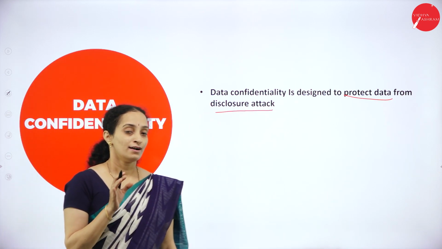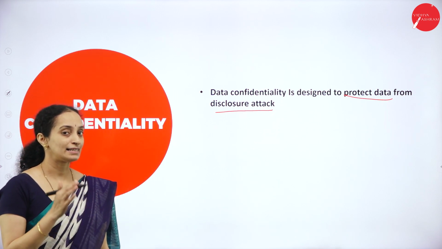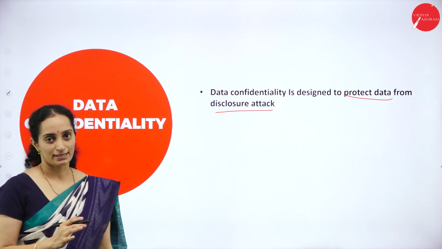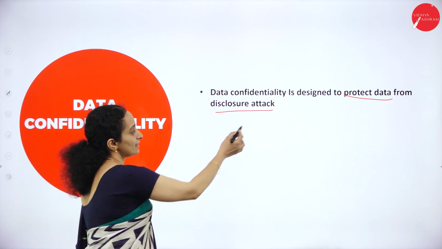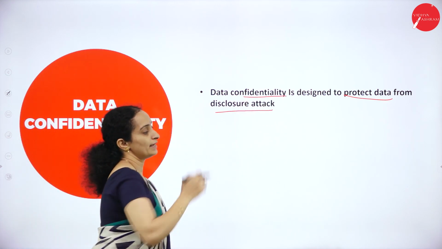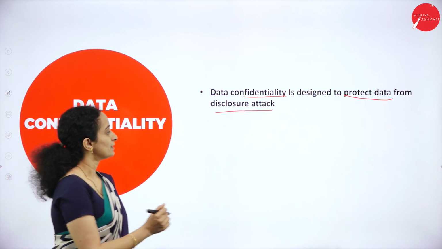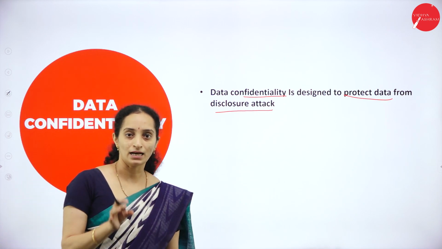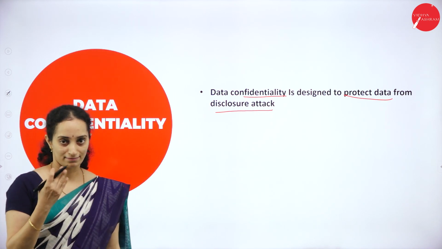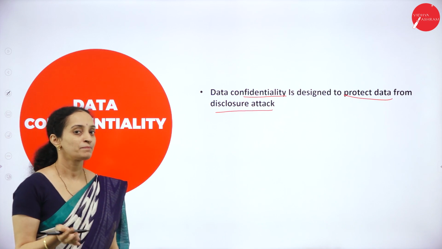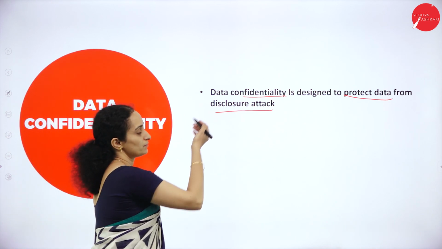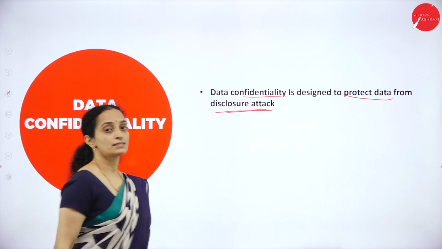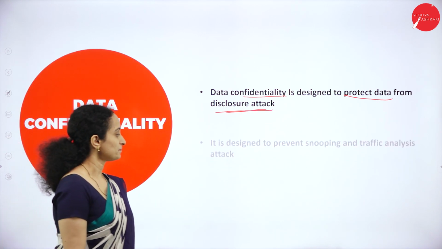If the attacker is hiding his identity from the service provider, the confidentiality service will make sure that the attack will be detected by some of the mechanisms. We shall discuss the mechanism later. One of the goals, or services provided, is to protect data from disclosure attack.